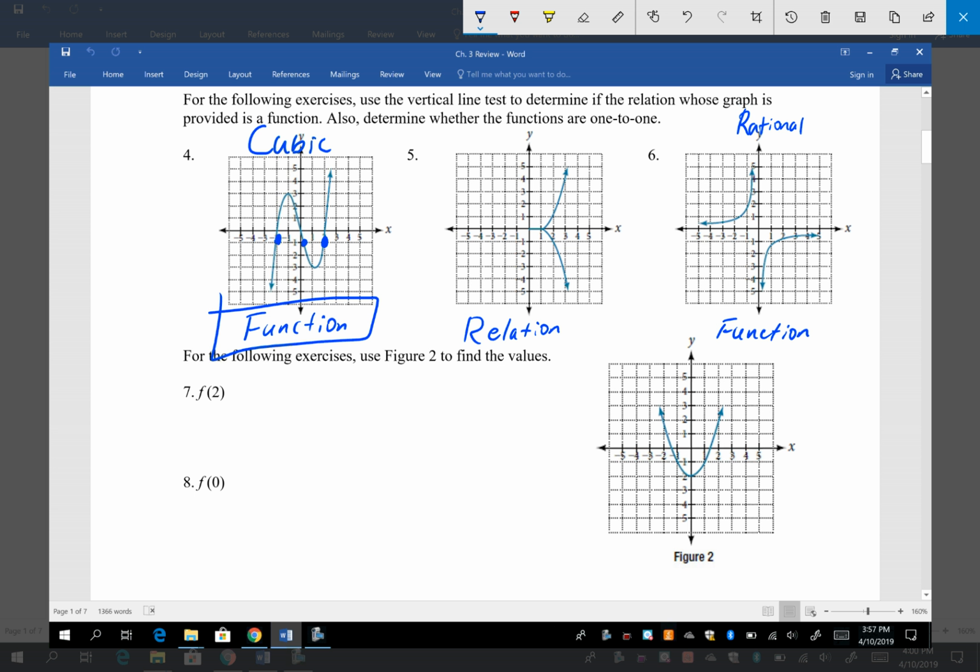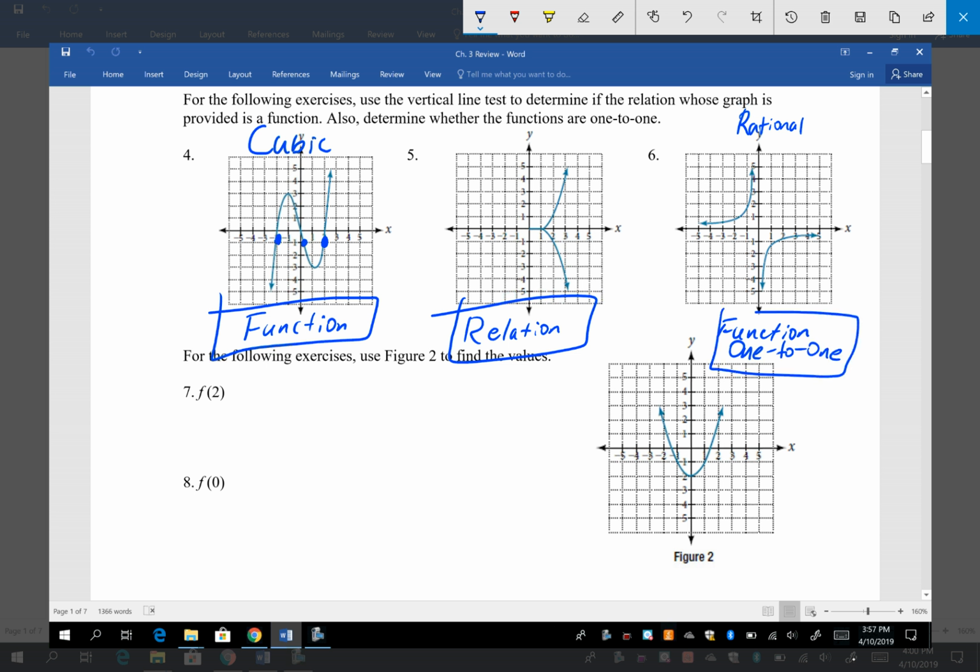Okay? Now 6 or 5 I don't check. Once you say it's a relation, you're done. There's no way it can be one-to-one if it's a relation, because one-to-one means it's already a function. So let's check 6. I don't think there's ever a place where there are 2 x values that have the same y values. So this is called one-to-one.